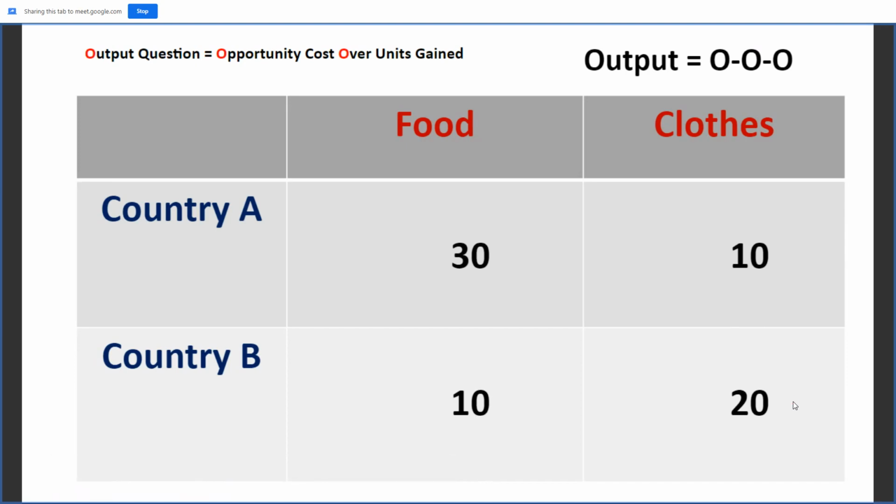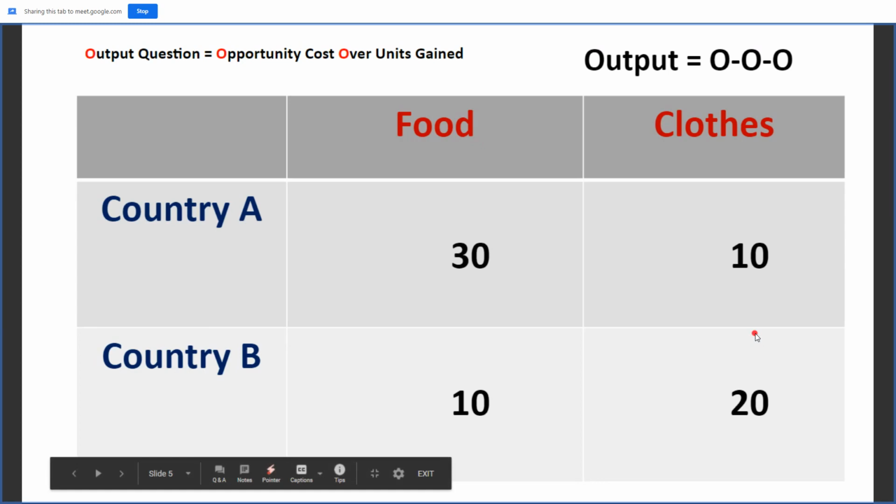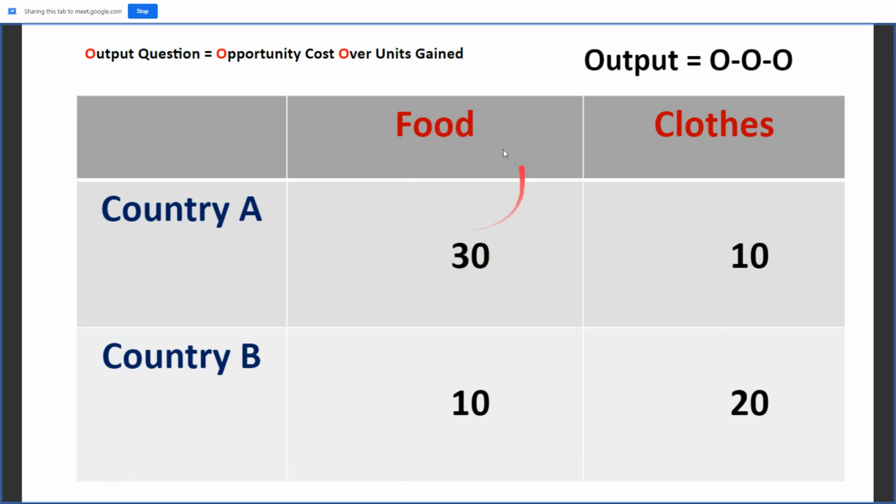We can still use the same equation. We can say opportunity cost over units gained, but just use the table for it. If I want to find out my per unit opportunity cost of food, when I produce food, I give up 10 tons of clothes. Take that 10, drop it over here in the table. There we go.